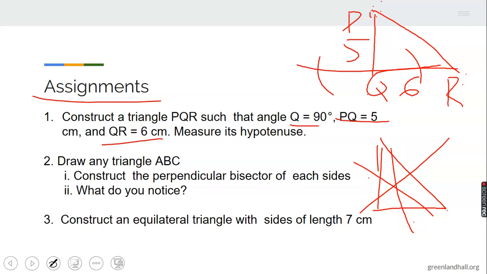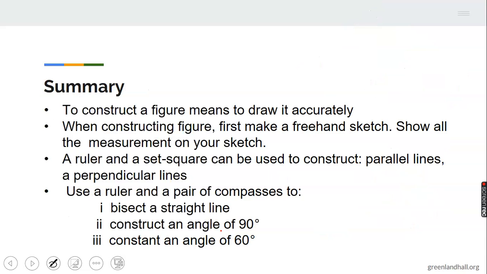You will see they will meet at the center of this circle. Now, 3, construct an equilateral triangle with side of 7 centimeter. I believe you know the kind of a triangle an equilateral triangle is. All the sides are equal and the angles are also equal, which is 60 degrees each.